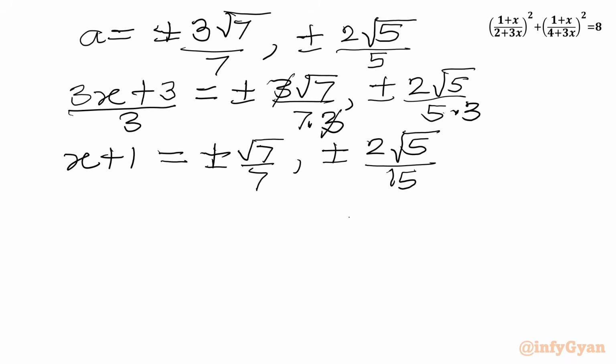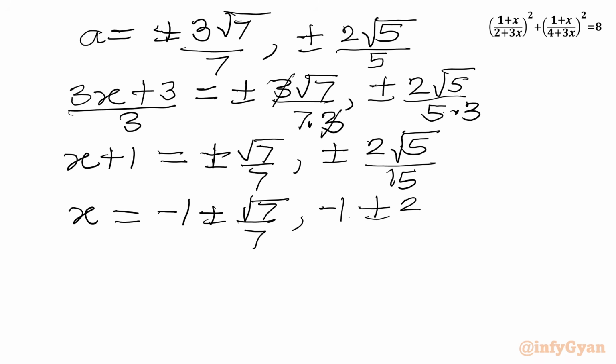Now we have to subtract 1 from both sides. We will get our final answers. So x will become minus 1 plus minus root 7 over 7, or minus 1 plus minus 2 root 5 over 15.